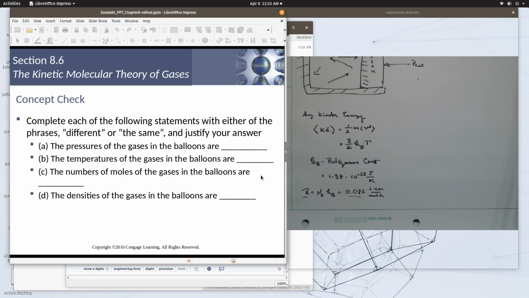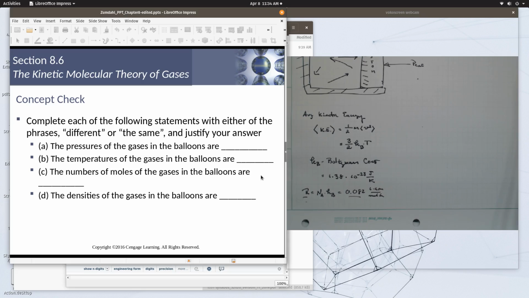The mass density in terms of grams per liter will be different because helium is heavier than hydrogen, twice as heavy. However, the number density, the number of atoms per volume, will be the same.